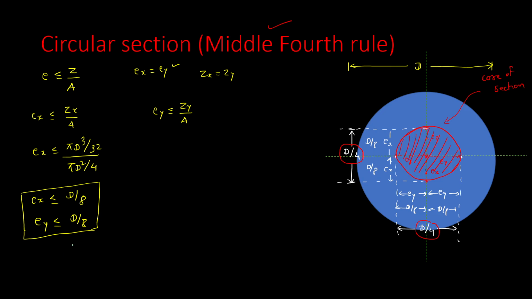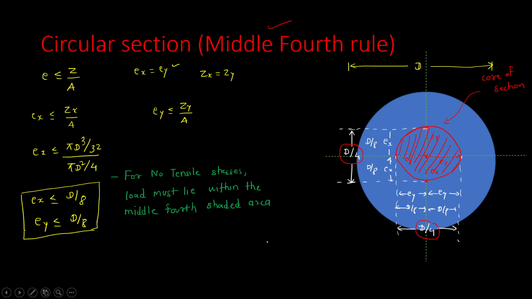So the load should lie within this core for no tension, or we can say for no tensile stresses to develop. So we'll write here: for no tensile stresses, the load must lie within the middle fourth shaded area.